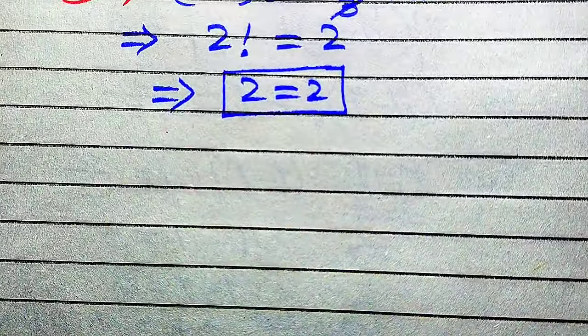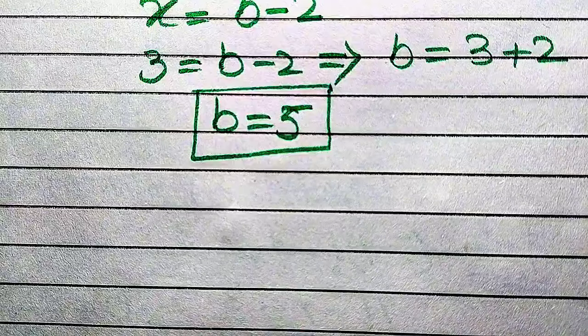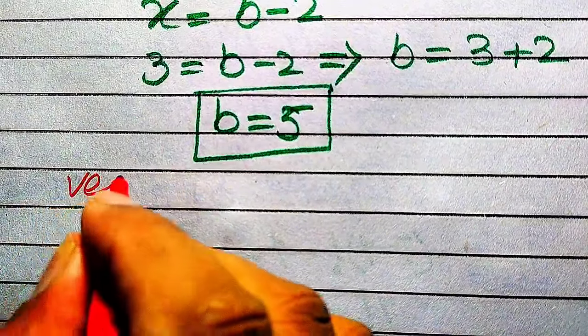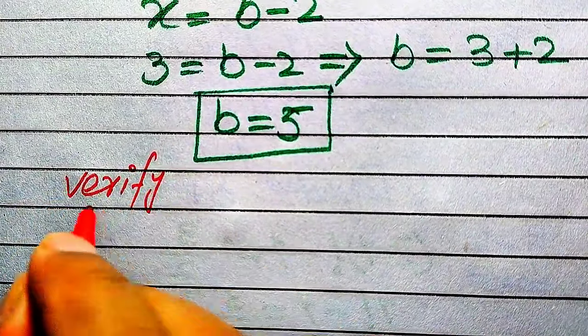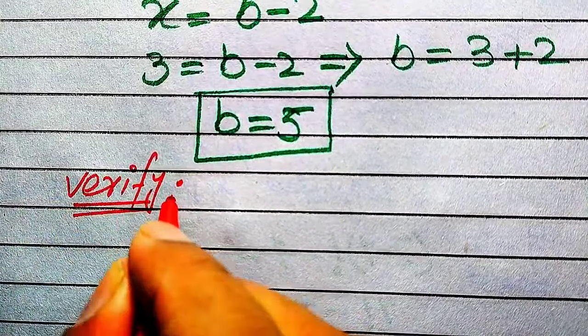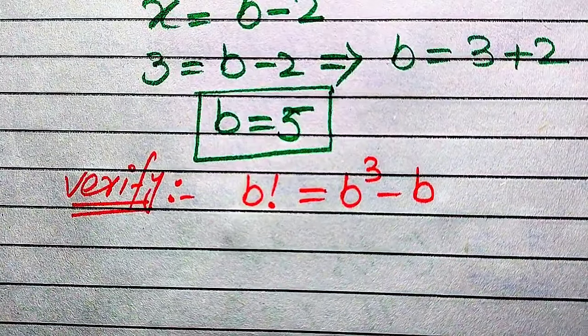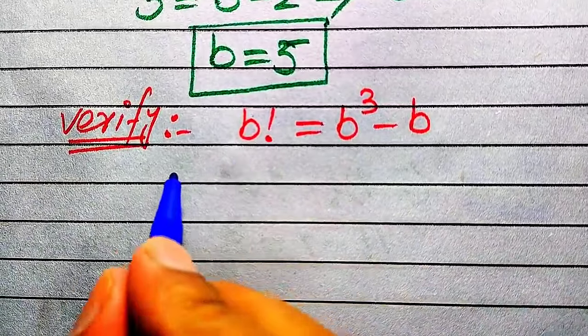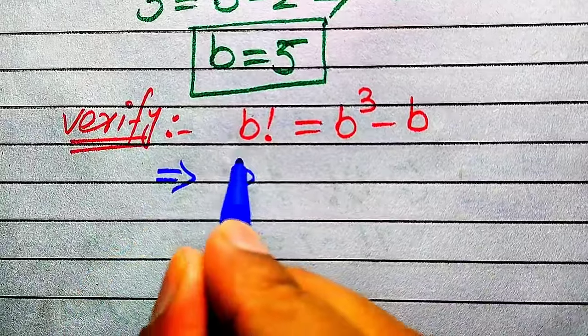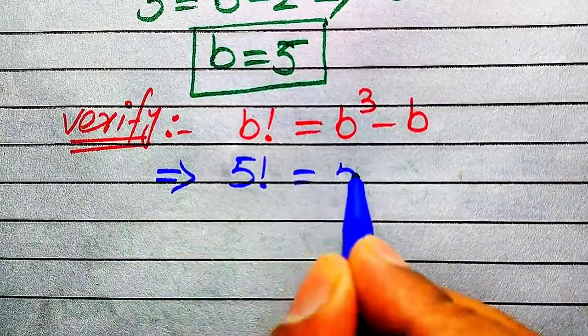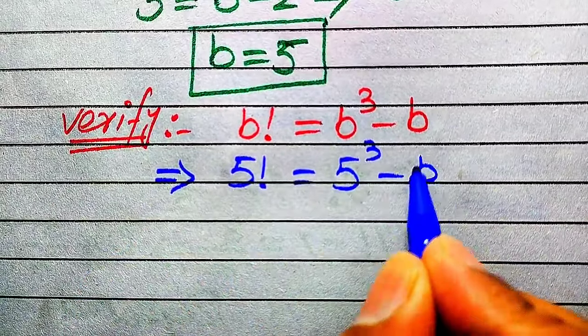And now in the next steps we need to verify whether this value of b satisfies our given question statement or not. So for verification of this value we need to copy down the given question statement. Here it is, b factorial equals b cubed minus b. This is our given question statement, and here we substitute b equals 5 on both sides, and it becomes 5 factorial equals 5 cubed minus 5.